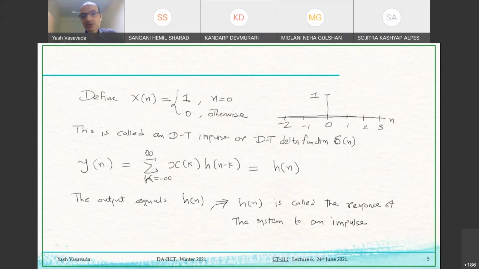The impulse response is zero. Sometimes if it is a pendulum and you tap the pendulum just one time, it will start oscillating and eventually the oscillations will die out. Then the response of the pendulum to the impulse that you gave would be those oscillations.